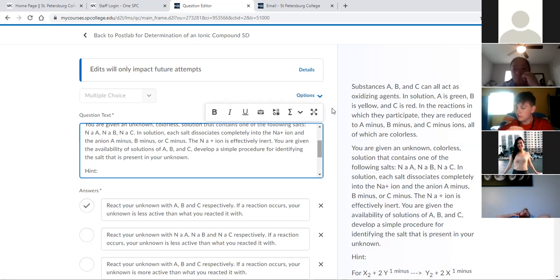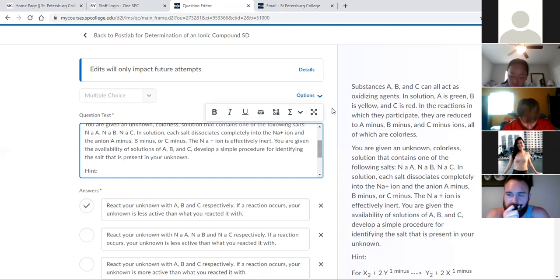No. When you're reacting it with the salts, nothing's going to happen, because you've got a negative ion with a negative ion. There are plenty of electrons around the anions, so there's no transfer of electrons. There's no reaction that's going to happen when you mix an ion with an ion. Does that make sense?